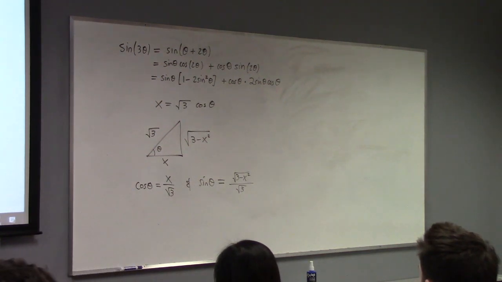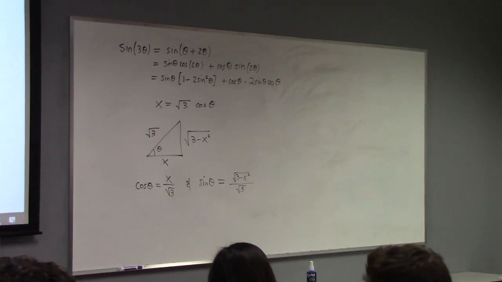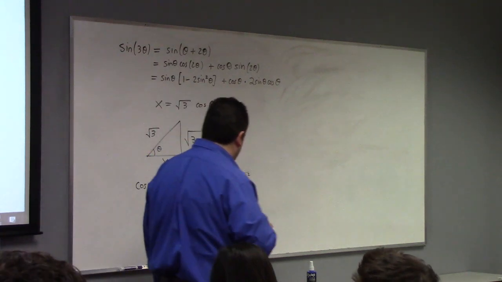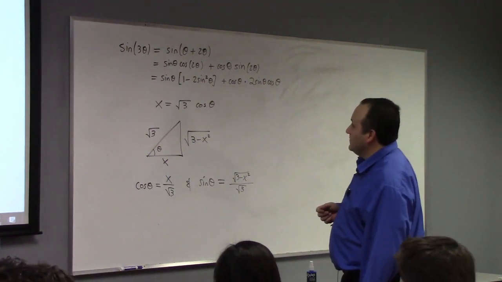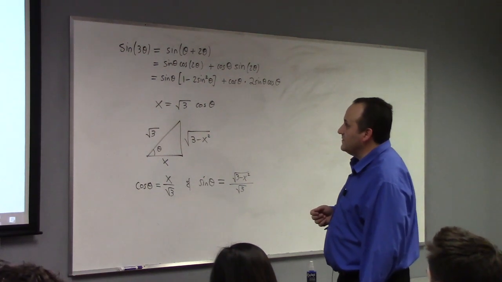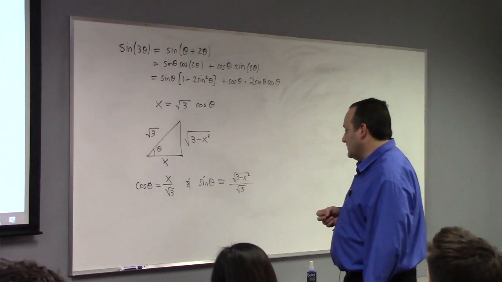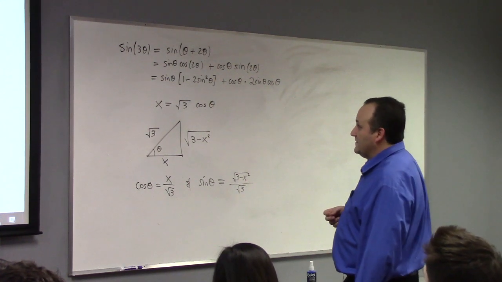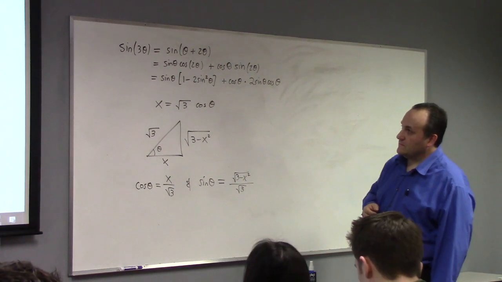If you just multiply by 3 to get sine 3 theta, is that an incorrect thing to do? Yeah, that's not true. Sine is not linear. We can't just pull 3's into sine. I wish we could, it would make life way easier. But unfortunately, sine of 3 theta is quite a different function than sine of theta.